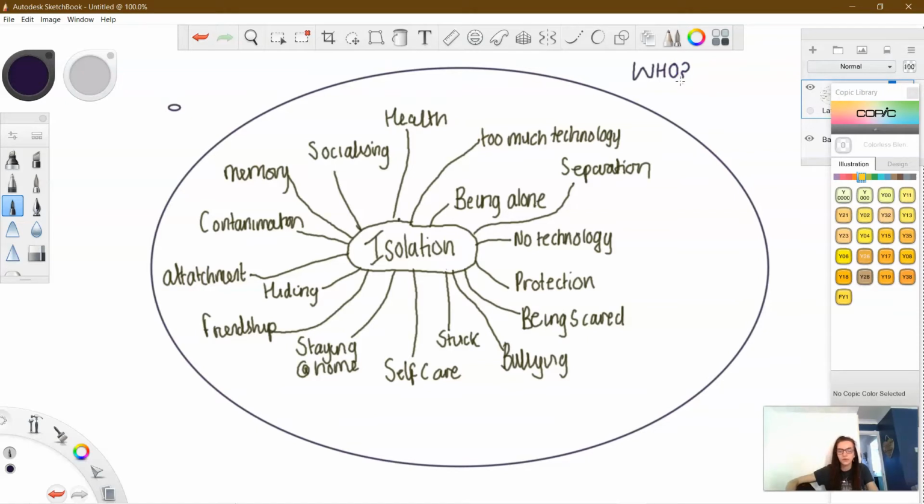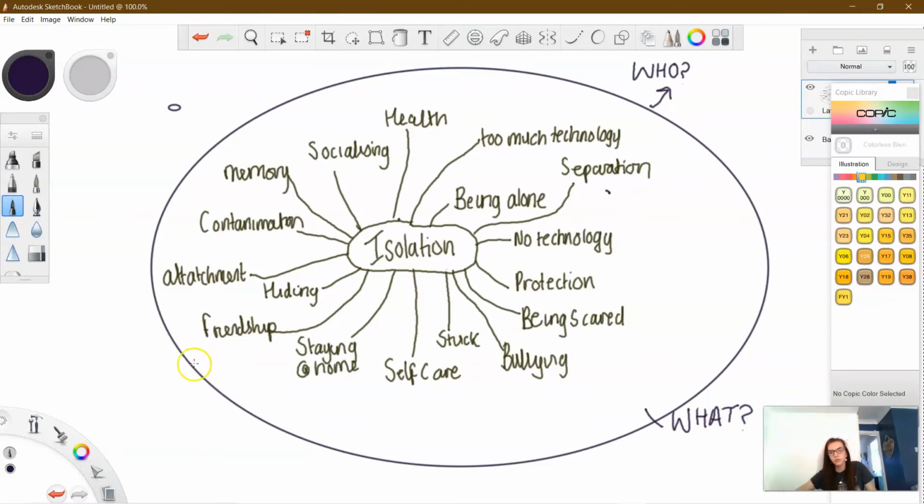So you could easily create a target market or an end user from one of these words. You could also very easily create a what. You could come up with a creative solution to solve some of these problems.